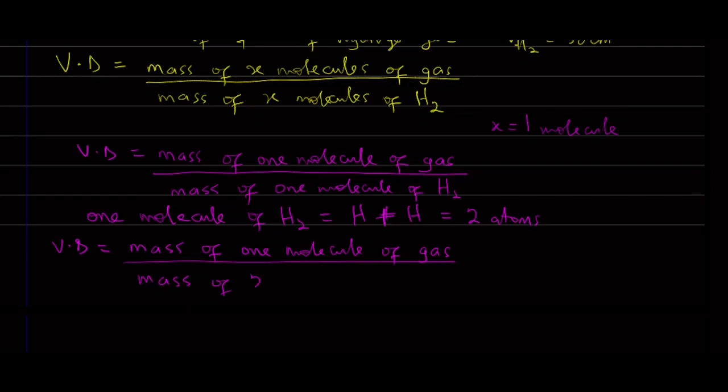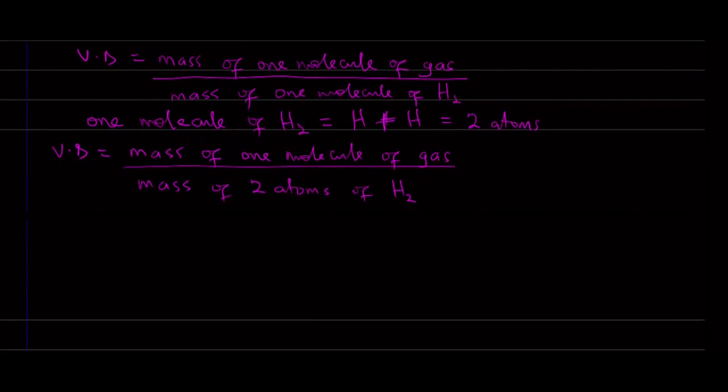That is to say, two atoms of hydrogen gas. Two atoms form one molecule. With respect to this, we can say that the mass of two atoms of hydrogen is going to give us, the mass of one atom is 1 multiplied by 2. That will give us 2 grams.